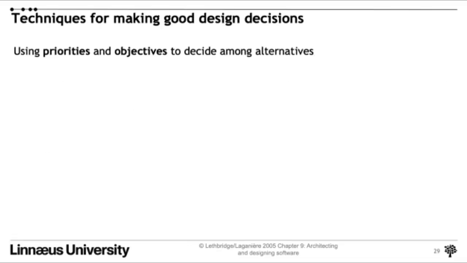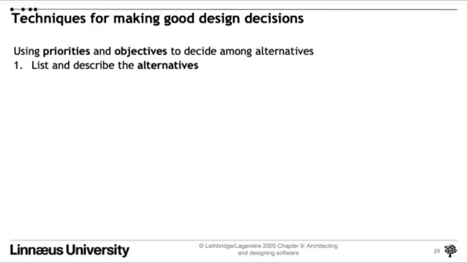So, some techniques now, just for closing this session. How to make a good design decision? Well, always start from the requirements and use the requirements to make priorities and objectives.